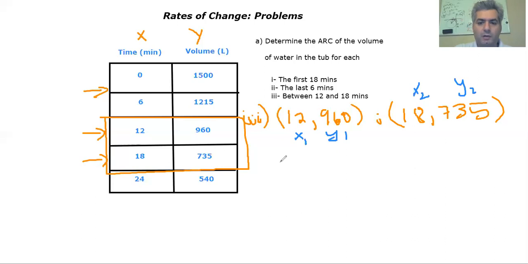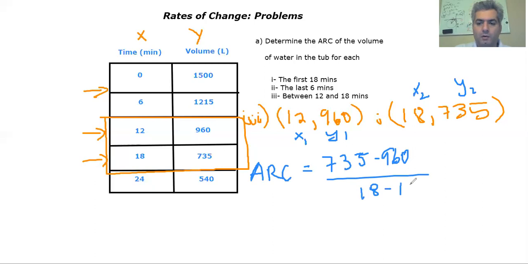Okay, so now we're going to find the ARC, and same concept. So y2 minus y1 is 735 minus 960 over 18 minus 12. And so we punch this in.